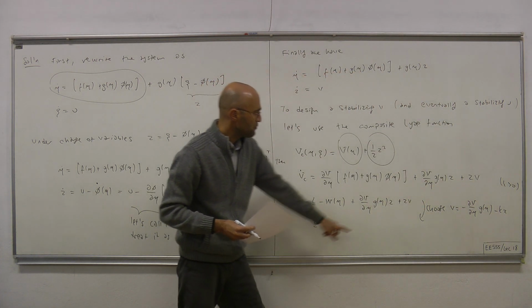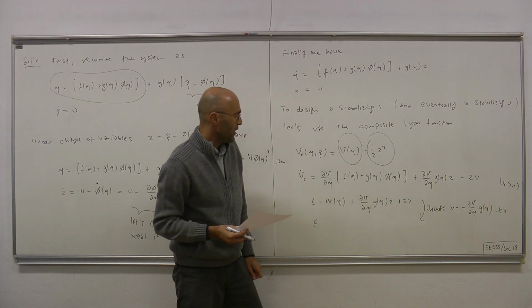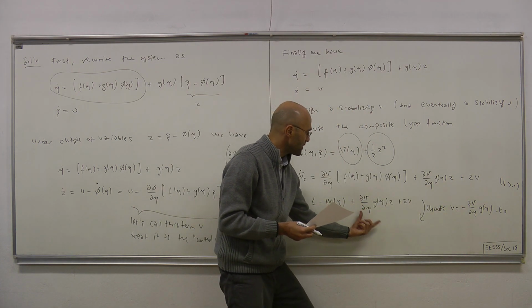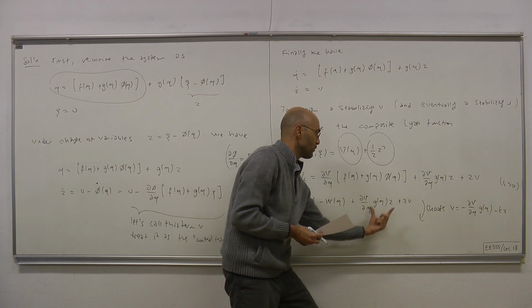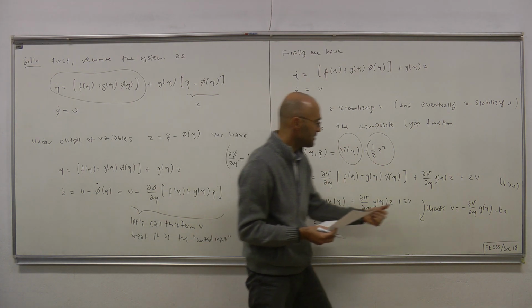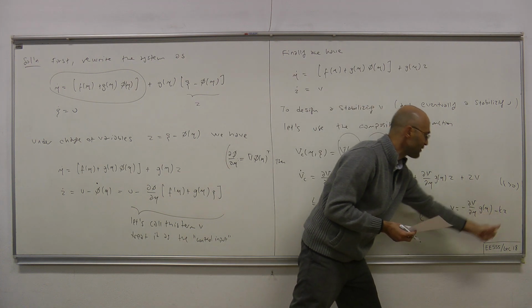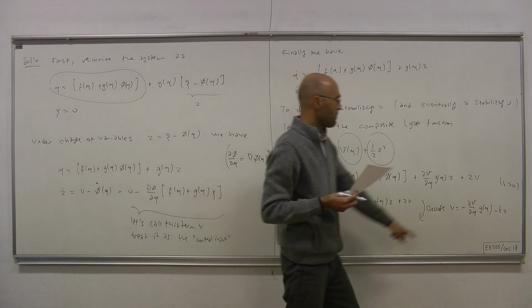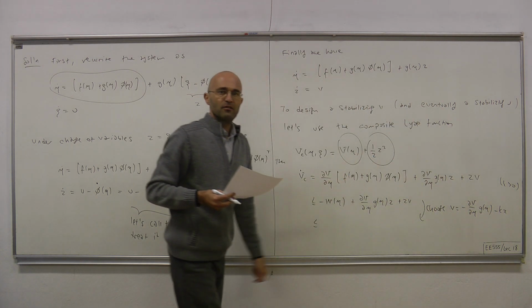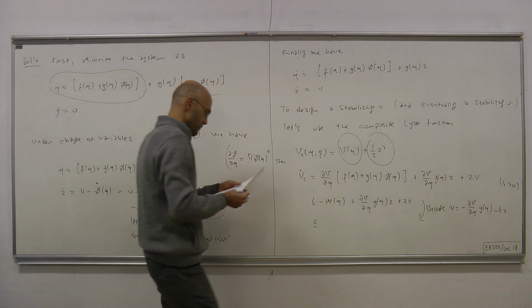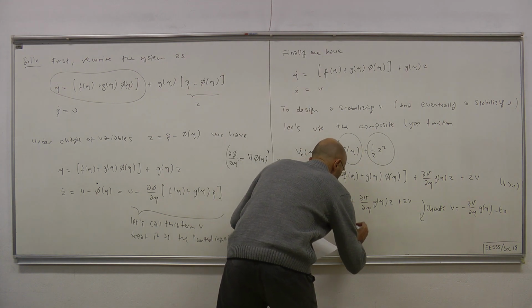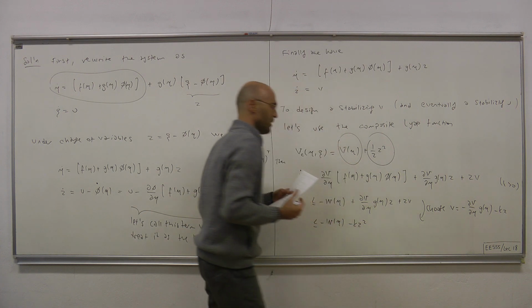If you choose V to equal that, then ZV will have minus this term, therefore this term can be cancelled, and moreover we have Z times that term that makes minus K Z squared. Since K is positive, that would be a negative term in terms of Z. And we would have minus W eta minus KZ squared.